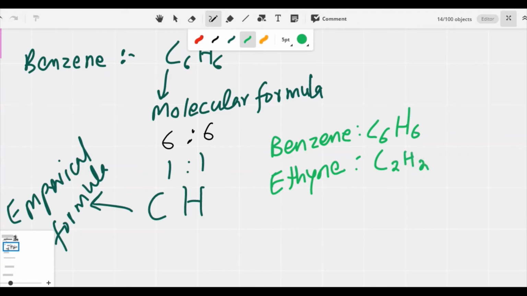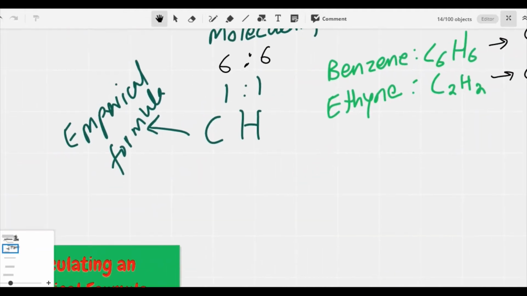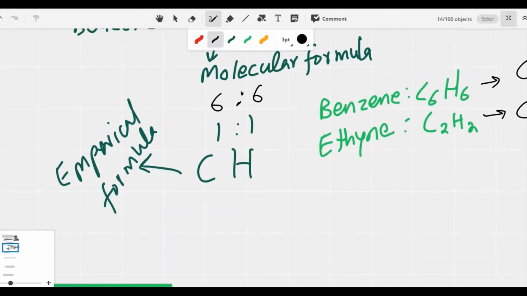But when we calculate the empirical formula, the empirical formula of benzene is CH, and the ethyne empirical formula is also CH.